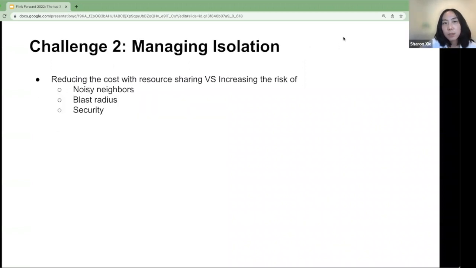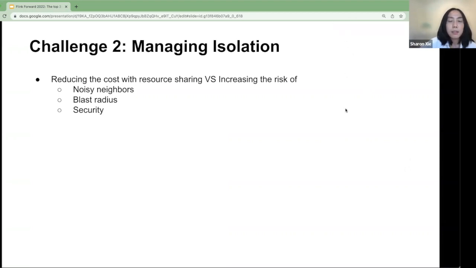The next challenge I want to talk about is managing isolation. This is super typical for data platforms running in the cloud, given that we are touching and literally processing the data coming from different users, different organizations. This is a very important topic.